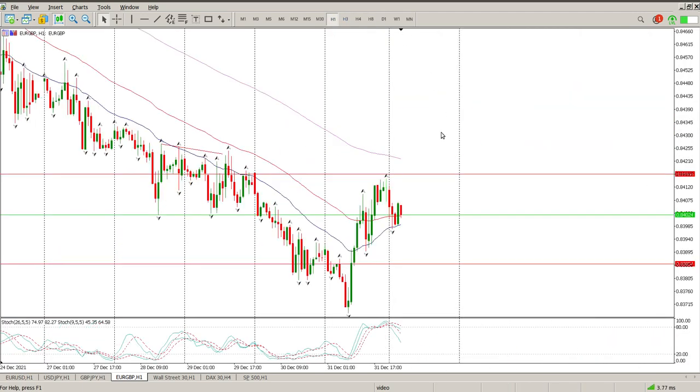Now, if you look at where the previous breakout was on the hour, it was pretty much here where price is at the moment, and we kind of closed higher than that. So this is the level for me to watch at the moment. So 0.84023 or 0.84 dead. That's the area that I want to pay attention to. So break, come back, test that area, and then I'd be looking for a continuation of the downside.